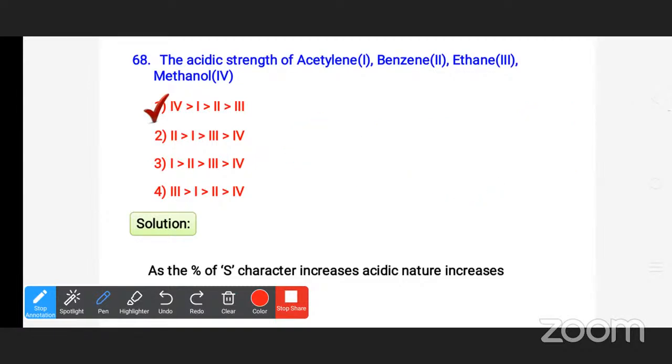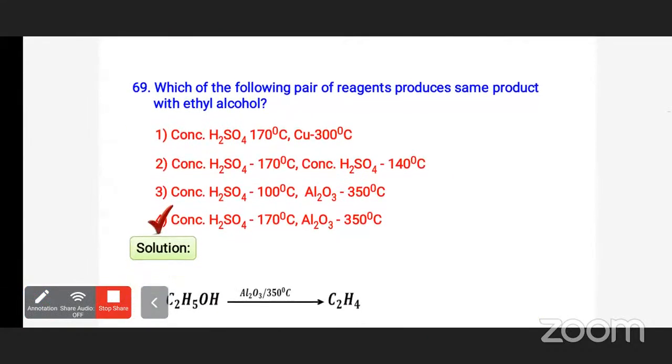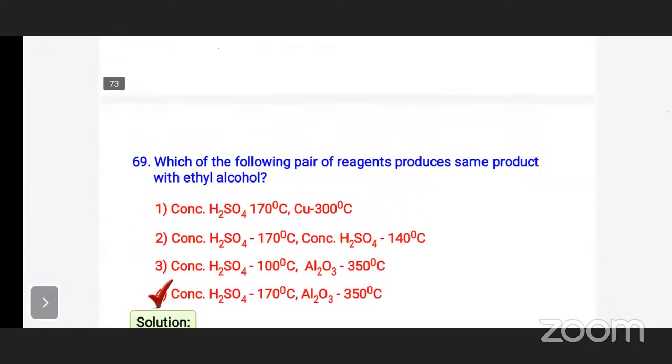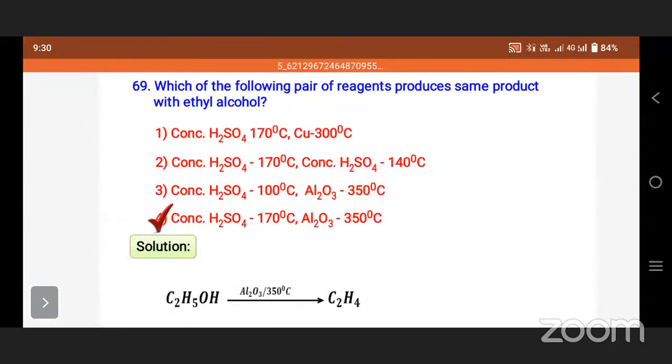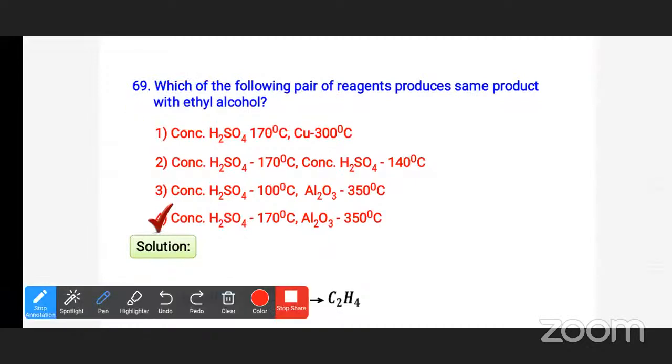As the percentage of s character increases, the acidic nature also increases. So the first option is the correct option.